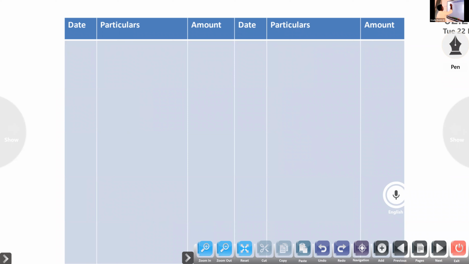Same pattern only. Here the closing date is 31st December. 1st January 2011, to cash 20,000.